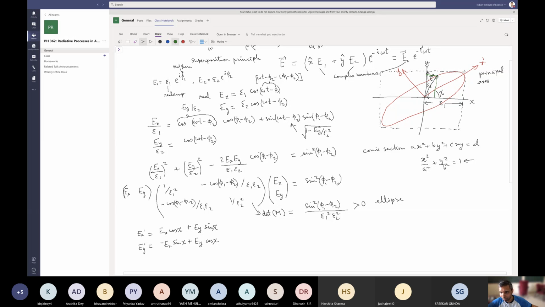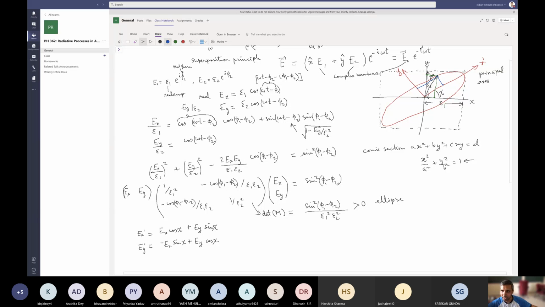Okay, this point at that particular time is my Ex and Ey in the lab, in the usual axes, and these are my axes in the primed frame.